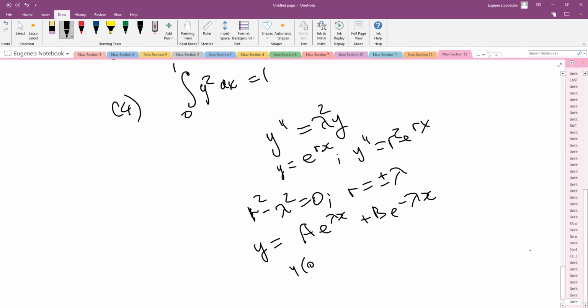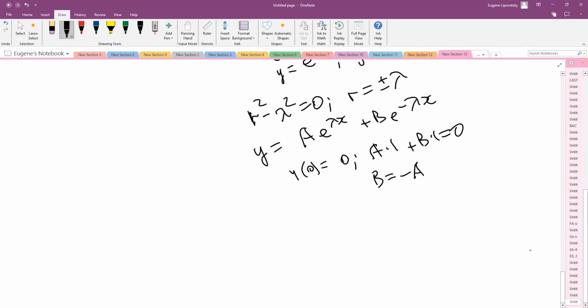Well, y of 0 equals, what was the condition there? 0. That means a times 1 plus b times 1 equals 0. So b equals minus a. y of 1 equals 0.